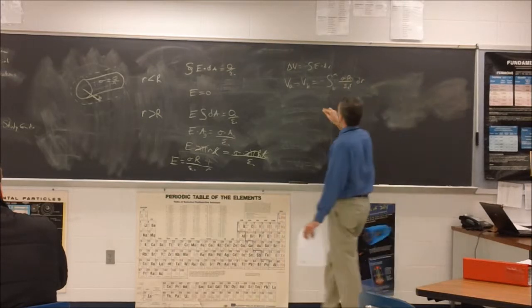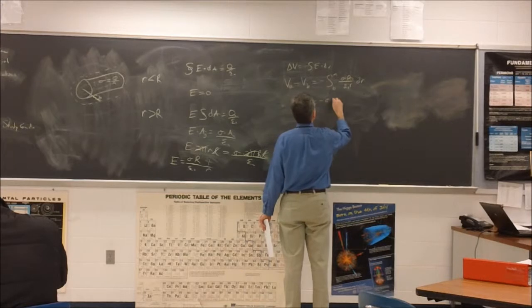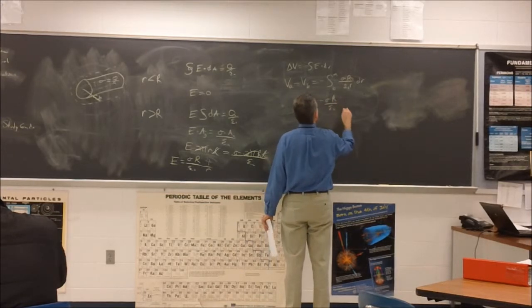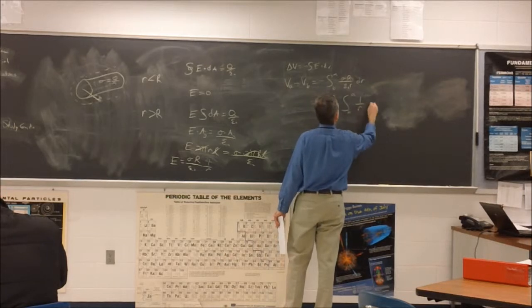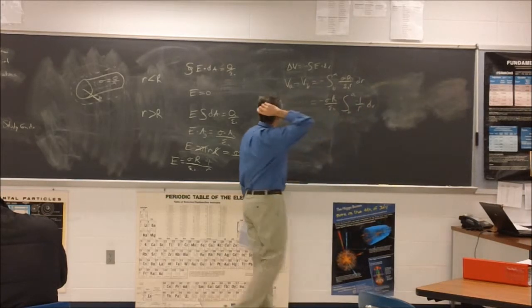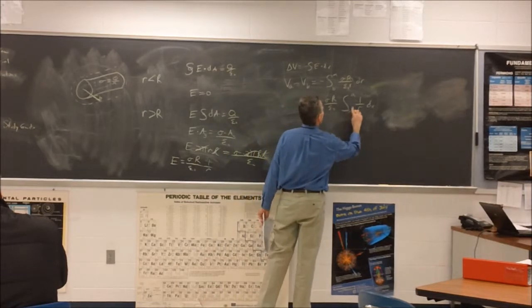Little r. So this is going to be negative sigma R over epsilon naught, integral from b to a of 1 over r dr. I can get rid of the negative sign by reversing the limits of integration.